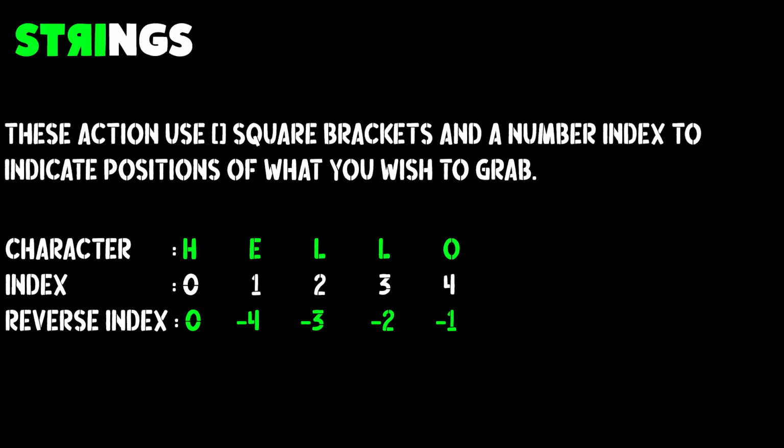In this example with reverse indexing, the h would be stored at -5, and then e would be stored at -4, and the first l would be stored at -3, and the other one at -2, and the o would be at -1. So suppose we want to grab the o, which is the last character of the string, we'll just pass -1 and it will get the job done.